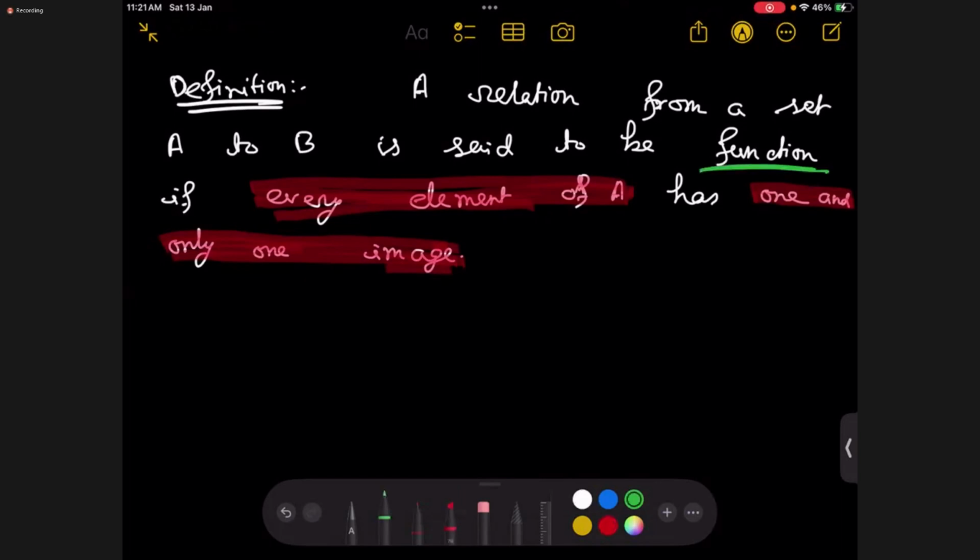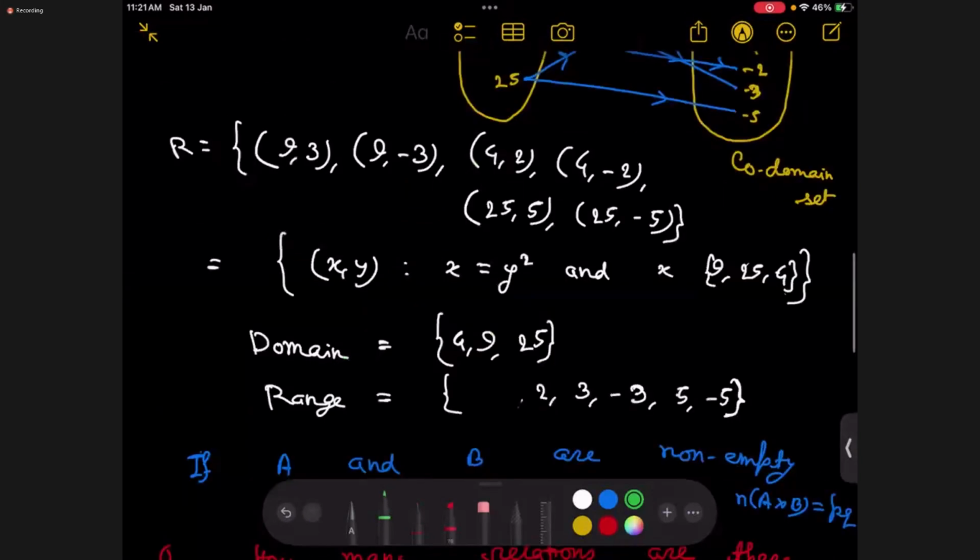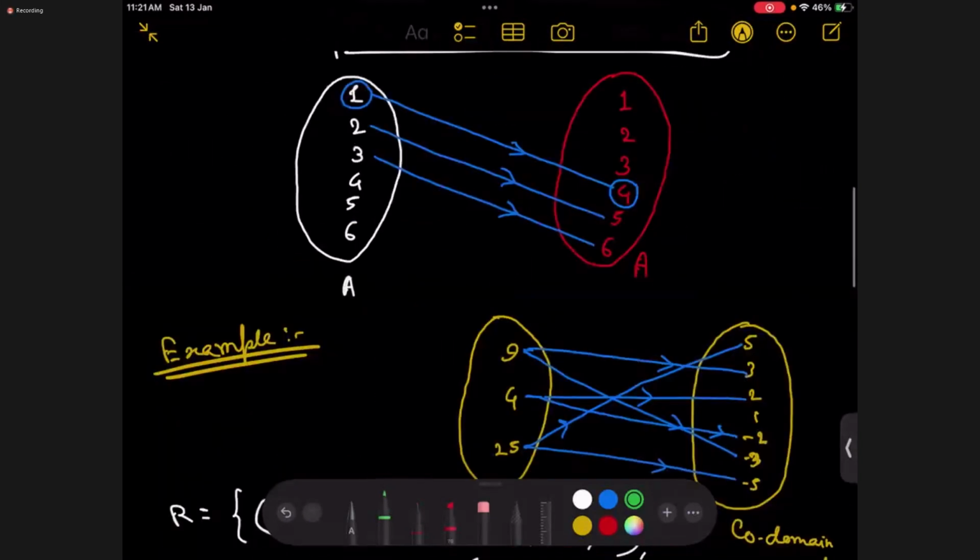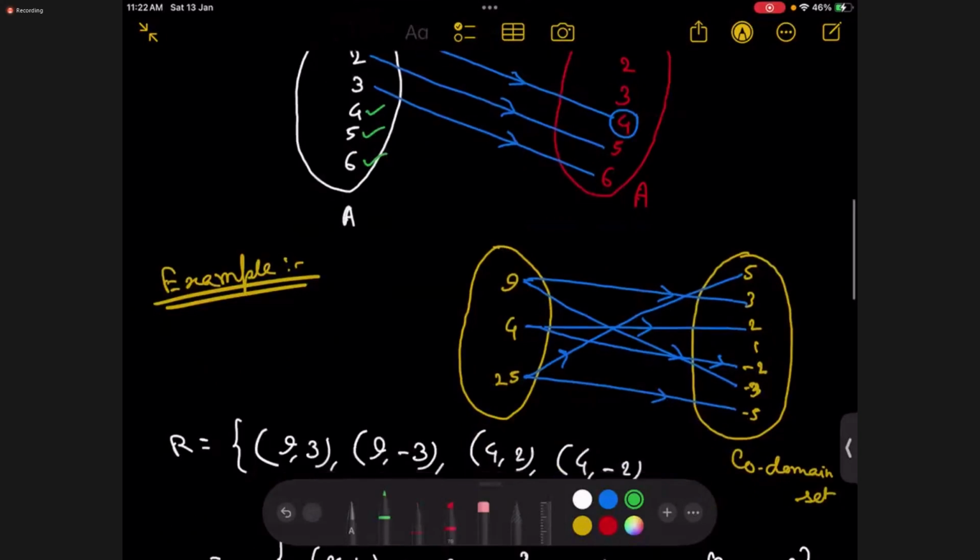Why? See, in these two relations, in the first case, we don't have the image of all elements. We don't have the image of 4, 5, and 6. And in the next example, we have two images of 9, 4, and 25.